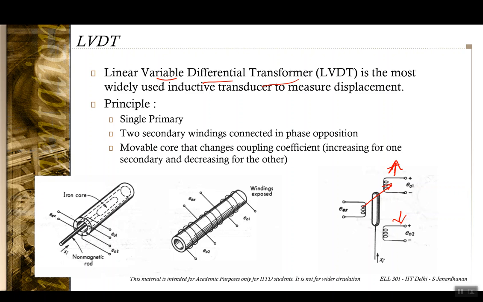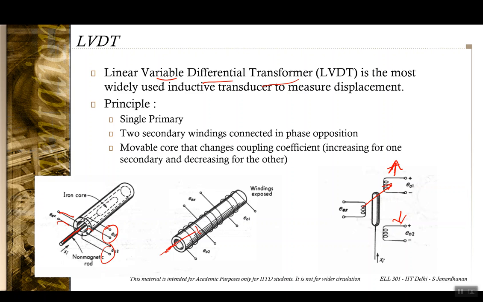You can see that you have a core here, a primary, and two secondary coils wound here. In a more clear fashion, it can be seen here.